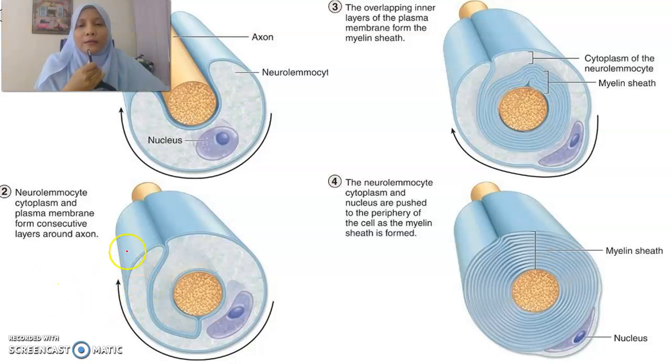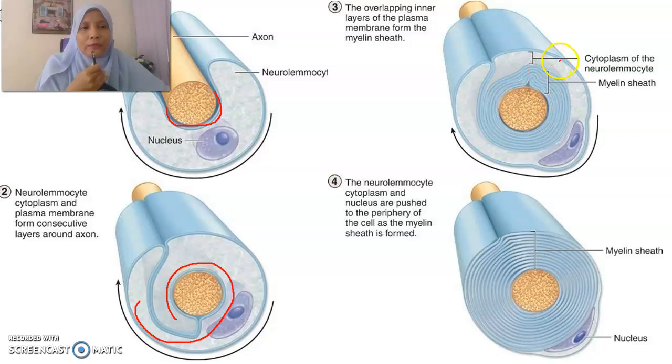So how does it begin? Both are the same for the PNS or inside the CNS. It starts when the neurolemmocytes wrap around only one portion of the axon. Starting here, the neurolemmocytes form a first layer, and then consecutive layers around the axon. This causes the overlapping of the inner layers of the plasma membrane of the myelin sheath.